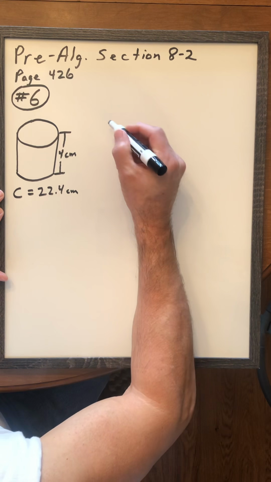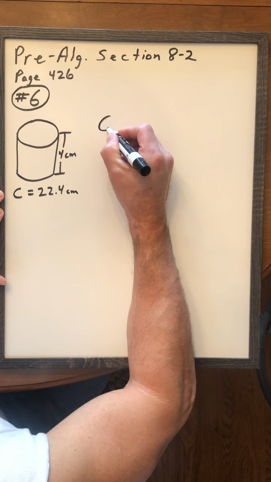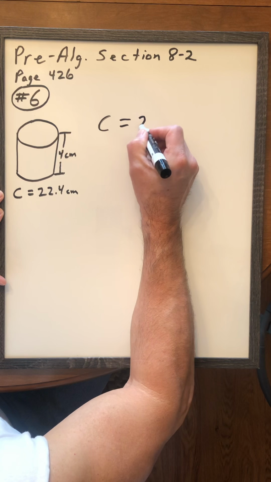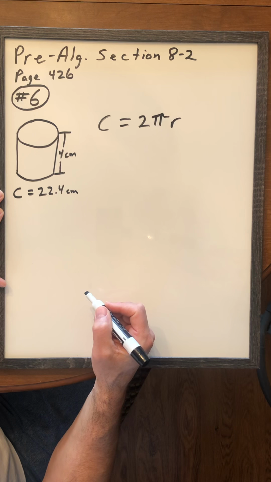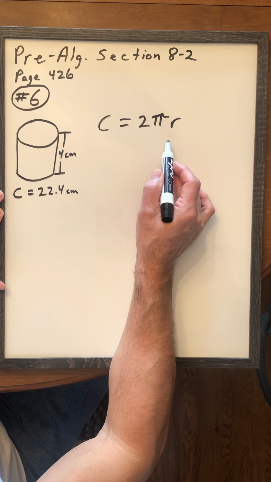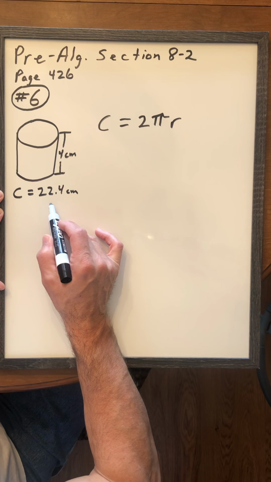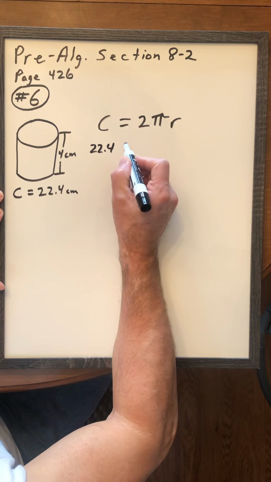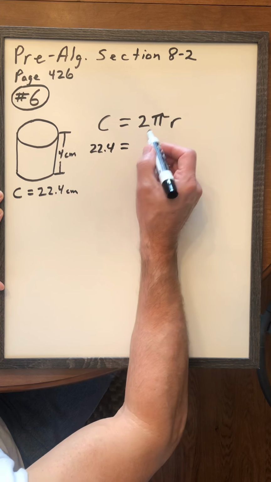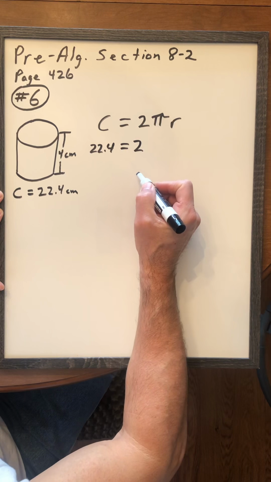So my circumference formula, C equals 2 pi r. I'm going to use that formula. Since they gave me the circumference, I'm going to plug in 22.4 for the circumference. 2 is going to stay in there.